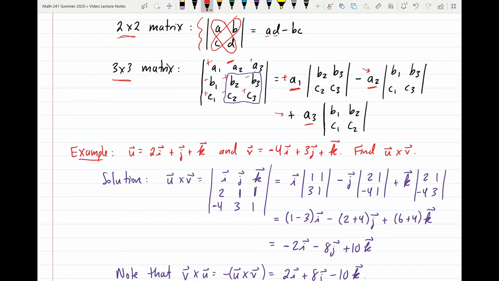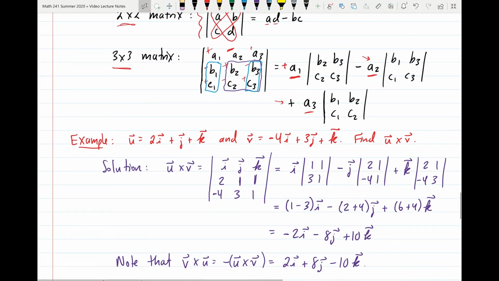So we have minus A2, and now to find the 2 by 2 matrix being multiplied by A2, we are going to remove row 1 because A2 is in row 1, and we're going to remove column 2 because A2 is in column 2, and this time we end up with the matrix consisting of these terms. So B1, B3, and then C1, C3.